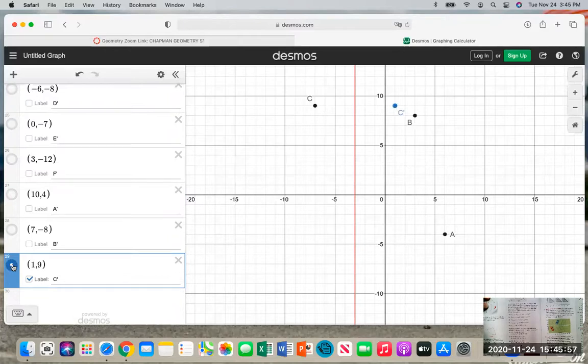All right. B looks like it is 1, 2, 3, 4, 5, 6 units away. So B prime is going to be 6 units away on the other side. Negative 9 comma 8.